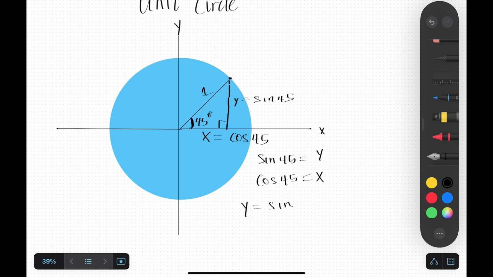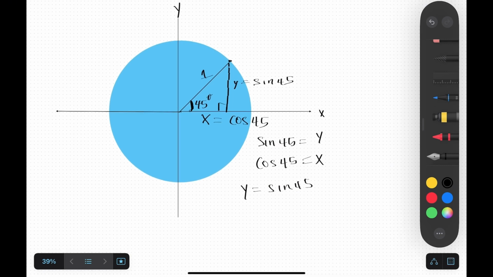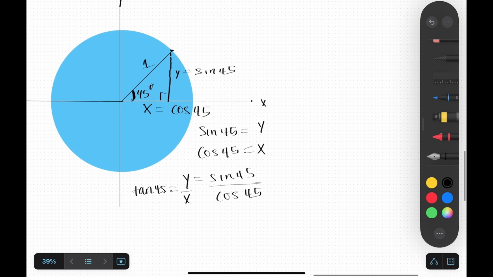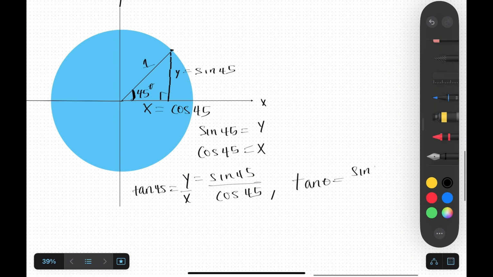The tangent of 45 is y over x, which is sine 45 divided by cosine 45. This shows us that in general, the tangent of theta is equal to sine of theta divided by cosine of theta.